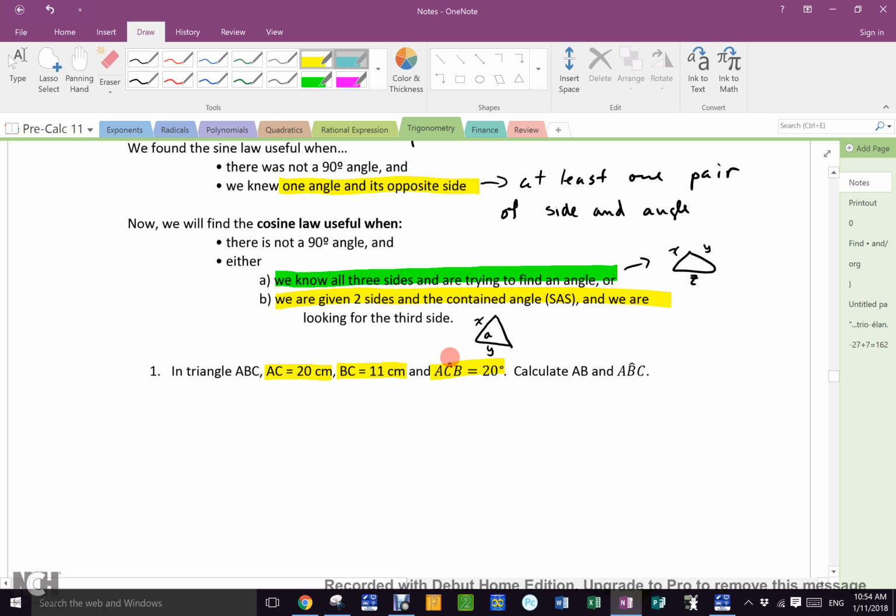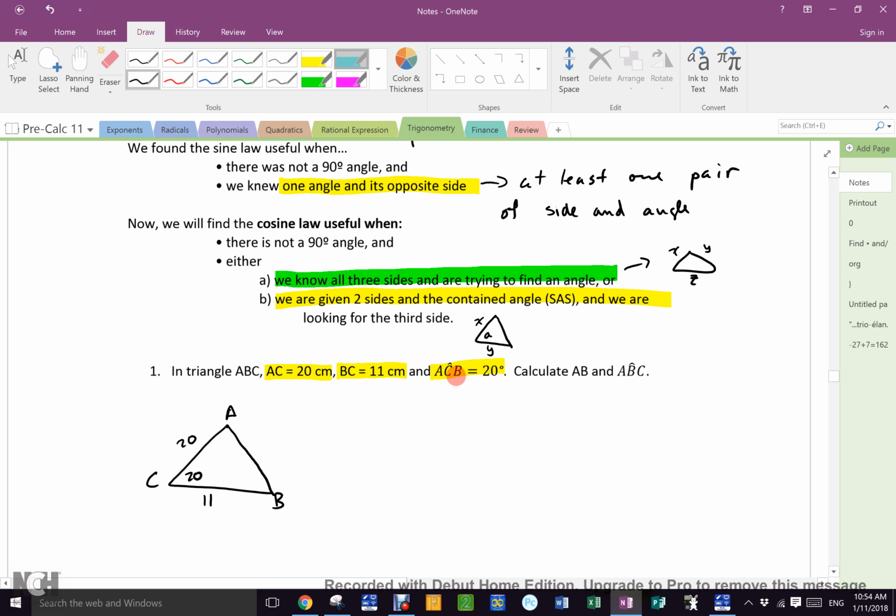How do we read that? C is the middle of it. ACB. So that's what the triangle has to look like. Is everybody cool? So ACB is 20. AC is 20. BC is 11. I've highlighted it all in yellow on purpose.